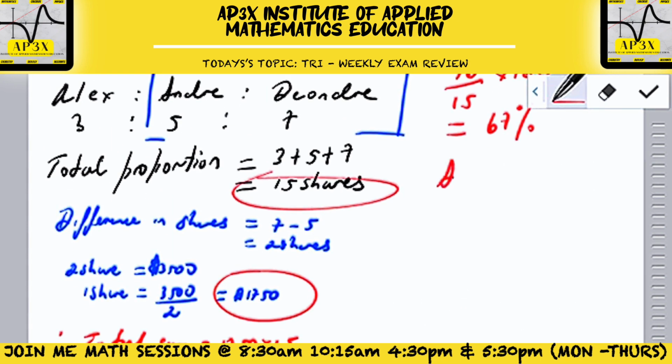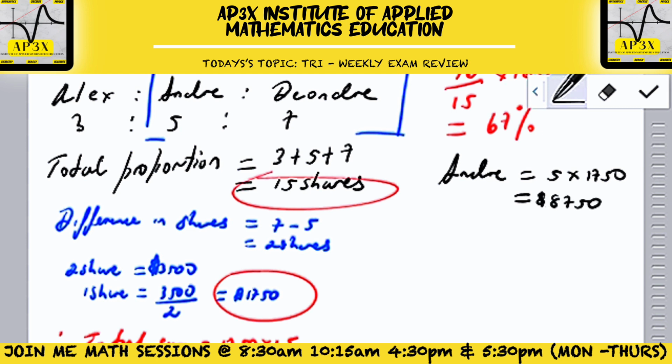So Andre would have had a total at the moment of 5 multiplied by 1750. So 5 multiplied by 1750, at the moment Andre has in bank $8,750.